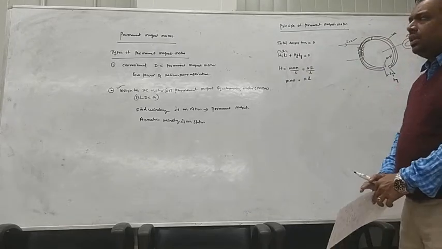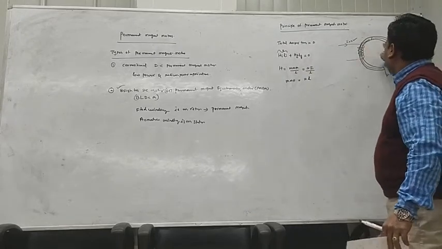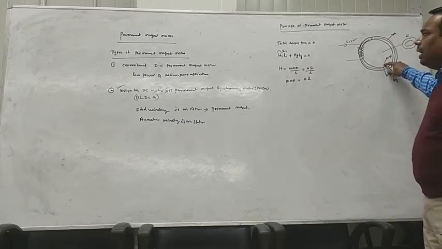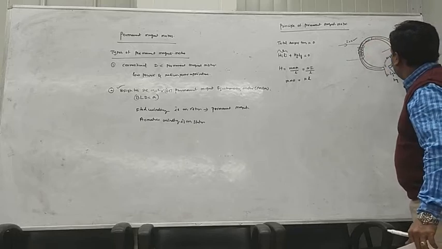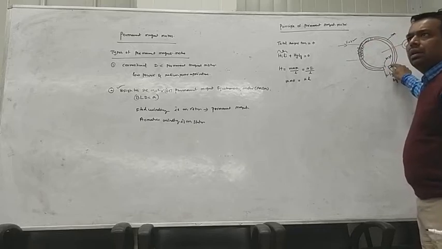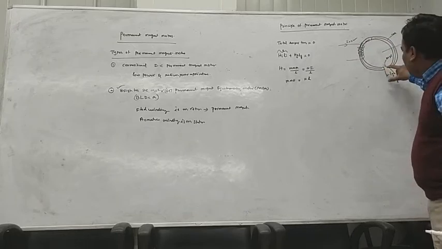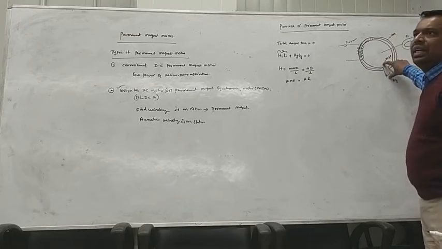Here there are two paths: one is the iron path, another one is the air gap. So the magnetomotive force in the core and the magnetomotive force in the air gap.